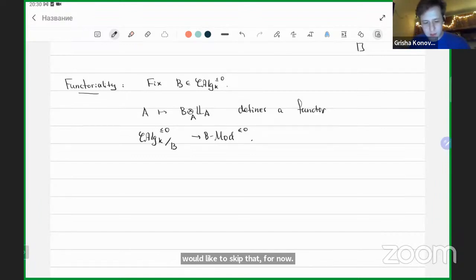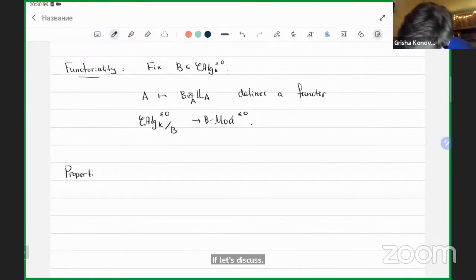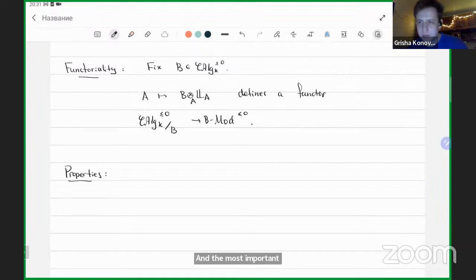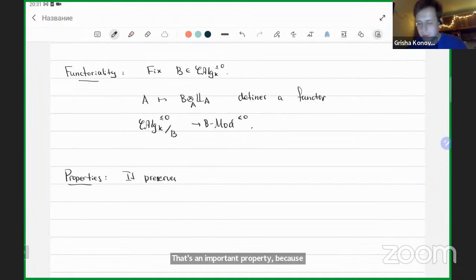Let's discuss some other properties. The most important property is that it preserves colimits. That's important because it actually allows us to compute it.